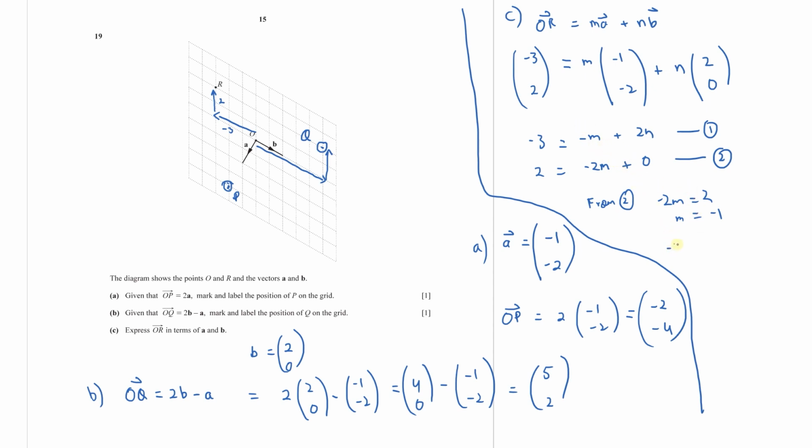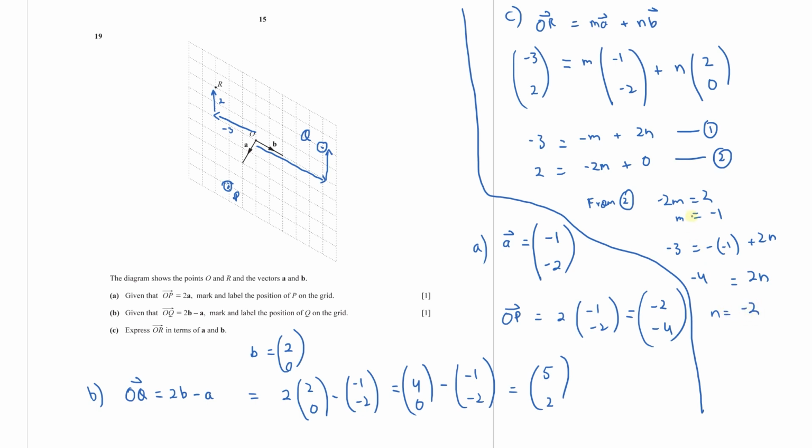So I get -3, and then -m is +1, plus 2n. So this becomes +1, which I take to the other side. And then this becomes -4 equals 2n, and then n equals minus 2.